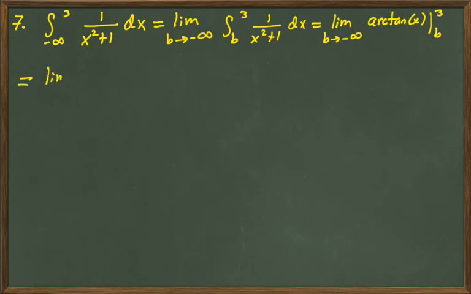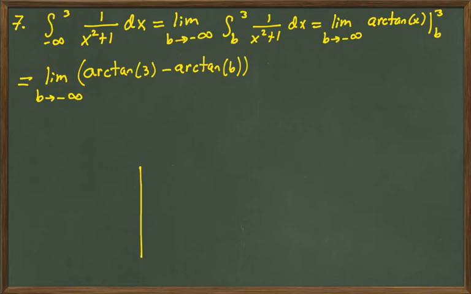So that's going to be the limit as b goes to negative infinity of the arctan of 3 minus the arctan of b. Okay, and so if you remember roughly what the arctangent looked like, it had a horizontal asymptote at pi over 2 and a horizontal asymptote at negative pi over 2.